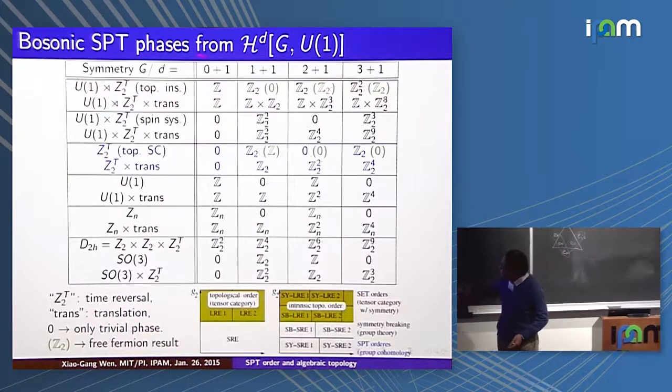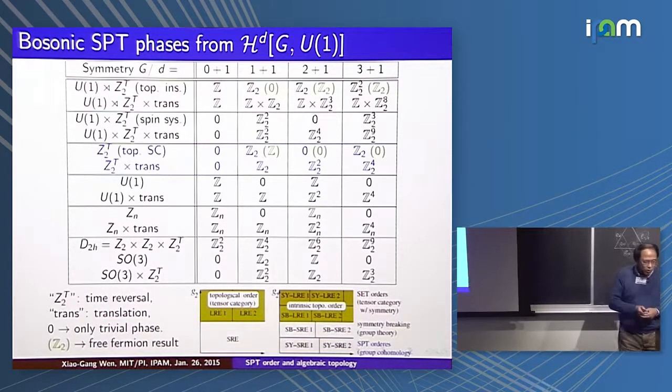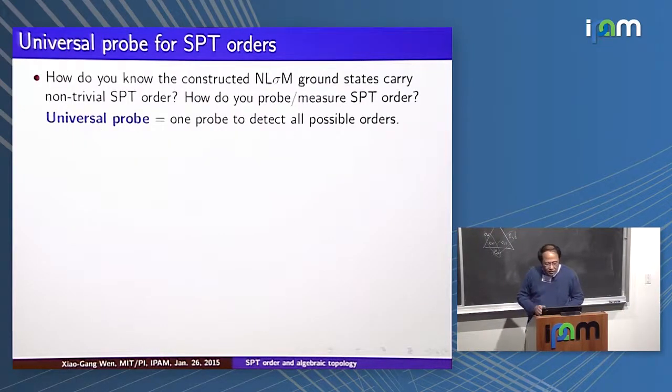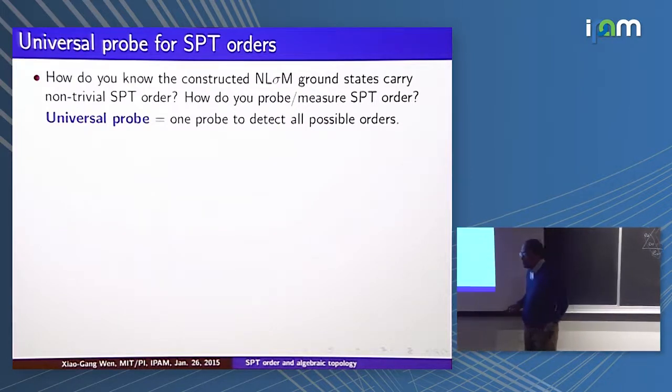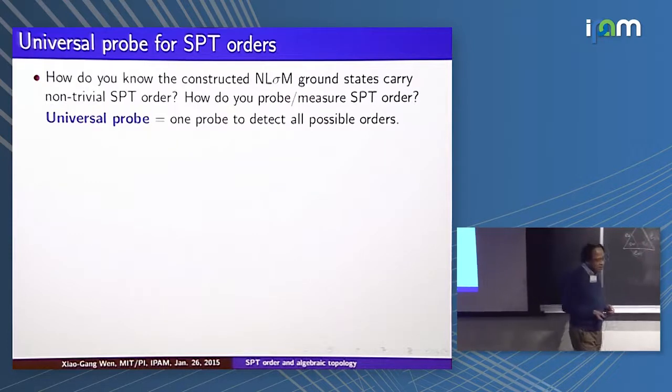Mathematicians have calculated group cohomology for all kinds of groups. So we can produce a table for the phases in different dimensions and different symmetries. And now let's come to this issue of topological invariants.